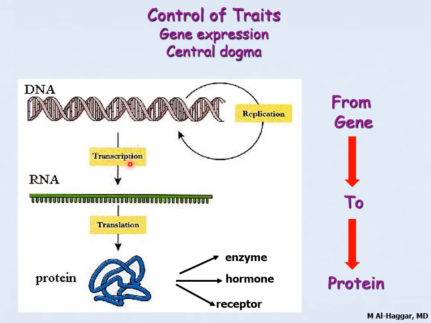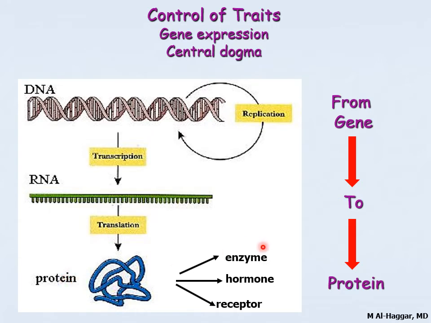Transcription results in the formation of messenger RNA, which leaves the nucleus and goes through the pores of the nuclear membrane to the cytoplasm, preparing for translation, which occurs at the ribosome, where the messenger RNA is translated into a protein.